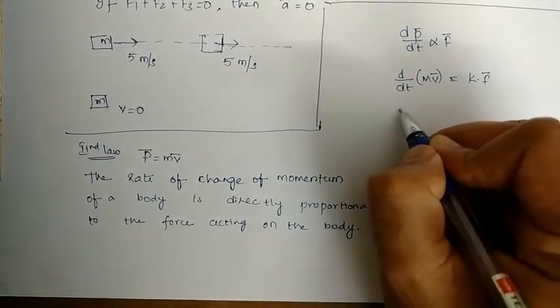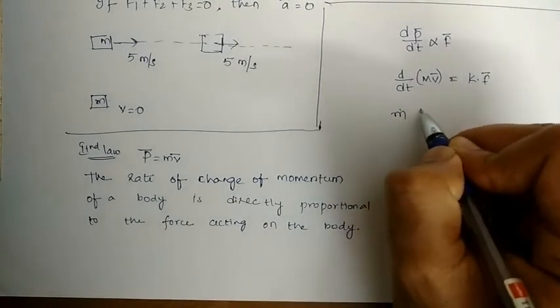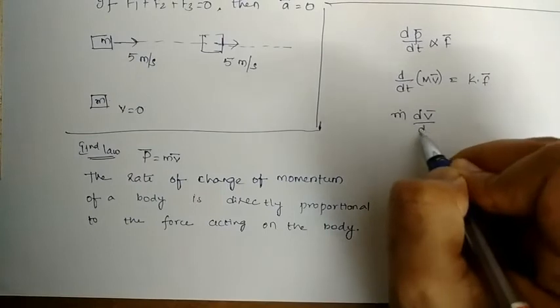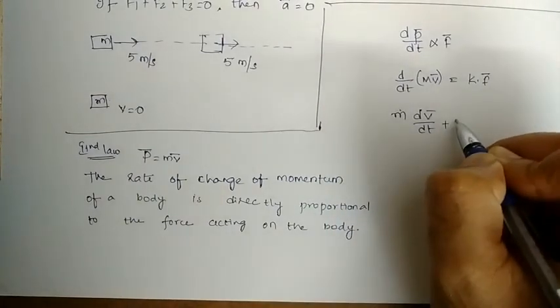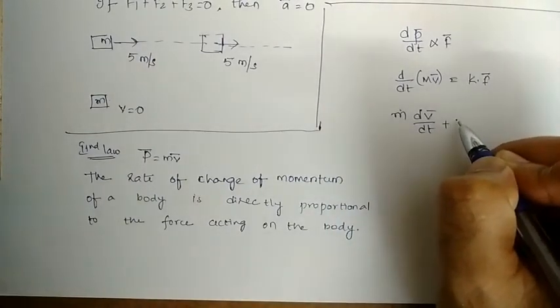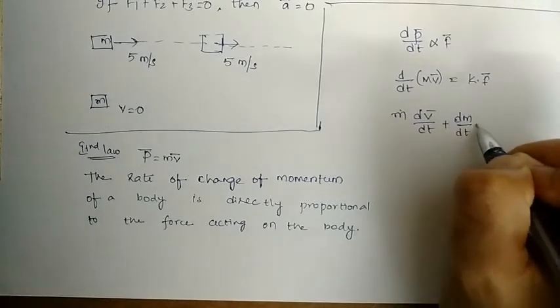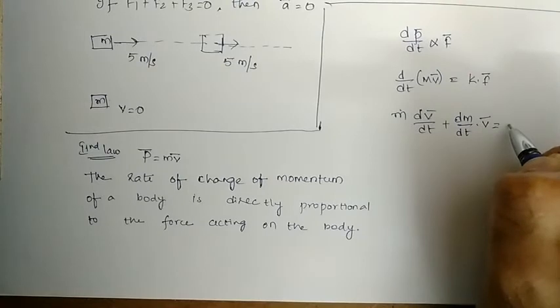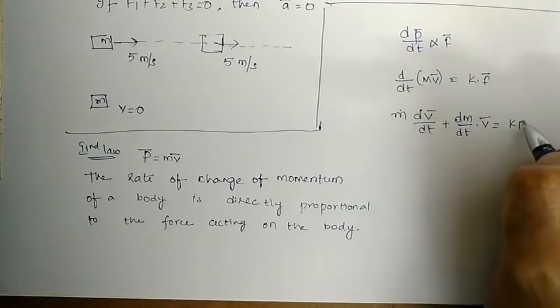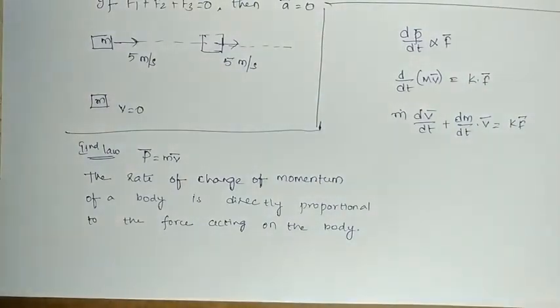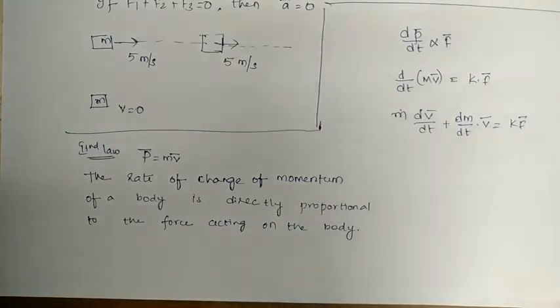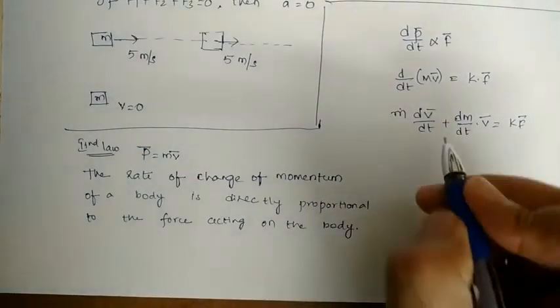Or I can write this as m into dv bar by dt. If you have some basic idea about calculus or differentiation, what I'm writing makes sense to you. But if you do not, it doesn't make any sense. Even if you don't understand this part about differentiation, the end result will be very easy to understand.